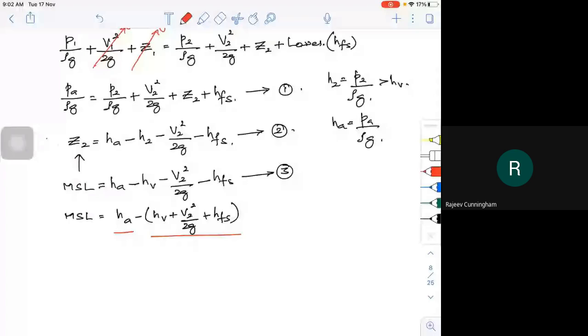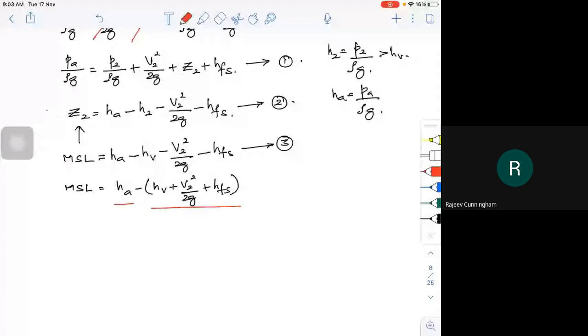As this is very difficult, practically there is something deducted: the vapor head at the eye of the impeller, a little bit of kinetic energy, and the frictional losses in the suction. To be very specific, this should be as minimum as possible. It can't be zero, but it should be minimum.